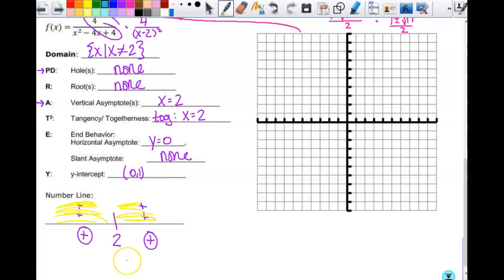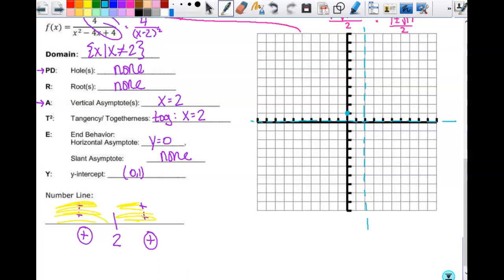So this is going to be important for us when we graph. Okay? So I'm going to go and plot things that I know. I know that I have a vertical asymptote at x equals 2, right here. I know I have a horizontal asymptote at y equals 0. And I have a y-intercept at 0, 1. Okay.